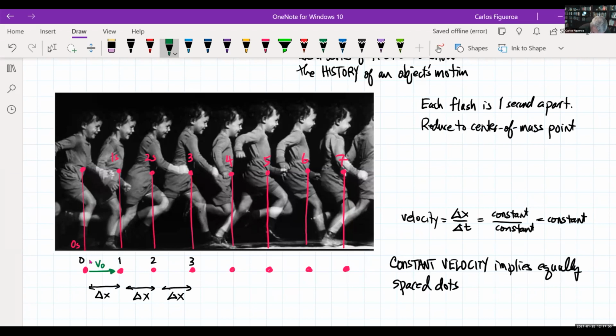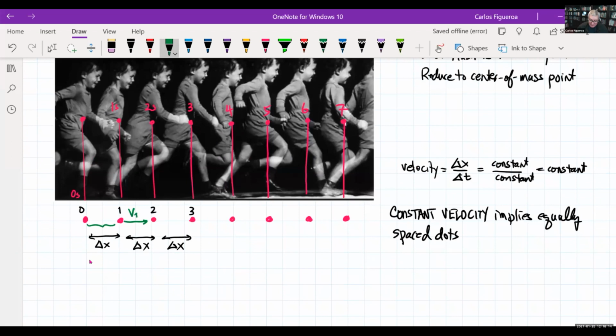Now, oh, I should be very careful. What I said was incorrect. The velocity at 1 is represented by the distance right here. Let me be careful because this is tricky.